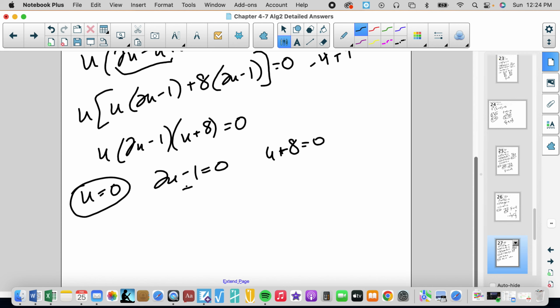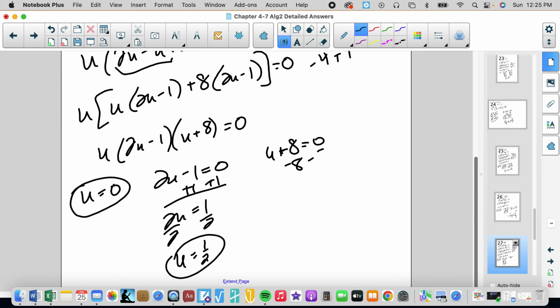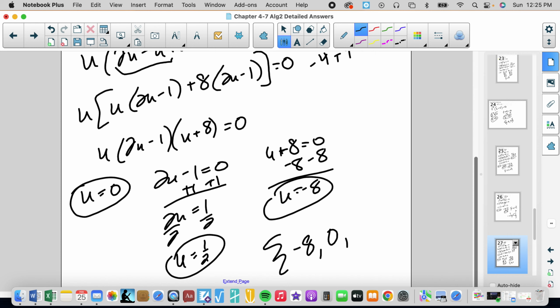That's isolated. Plus 1. Divide by 2. u equals 1/2. And minus 8. u equals negative 8. So my solutions are negative 8, 0, and 1/2.